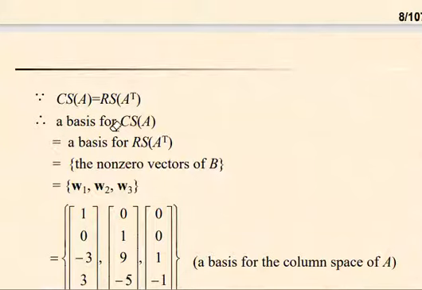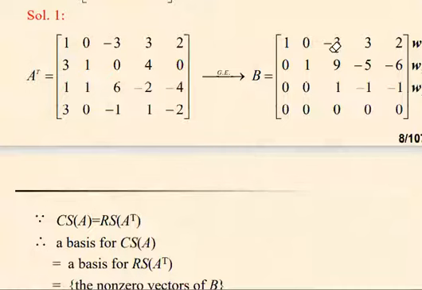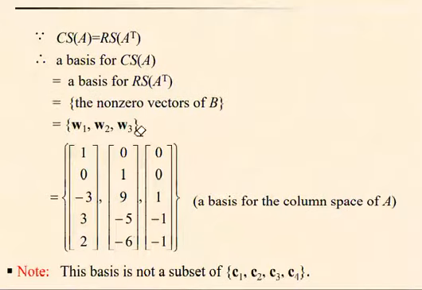So the basis of the column space would be the basis of the row space of A transpose. This one. All right. This would be a basis for column space. You can find infinitely many bases.